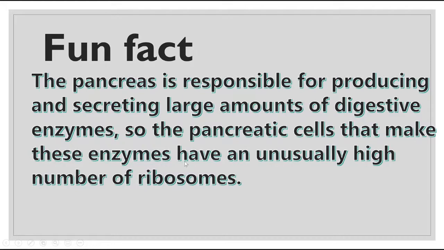So we can say that the pancreas has an unusually high number of ribosomes because they require more proteins, to form more enzymes, which helps in the process of digestion. So see, we are moving from micromolecule to macromolecule. So each cell is producing the enzymes or the proteins, which helps in the process of digestion.